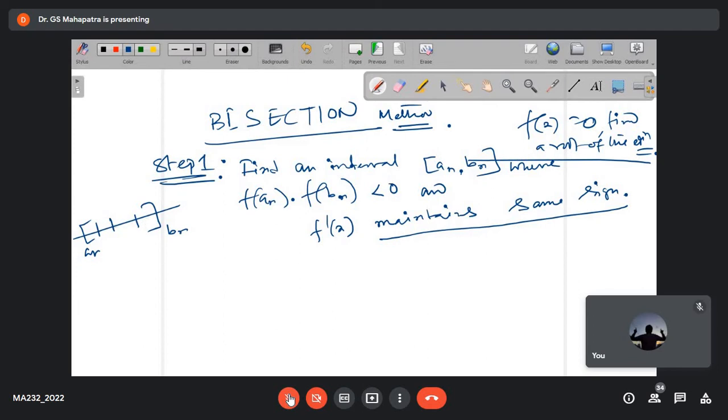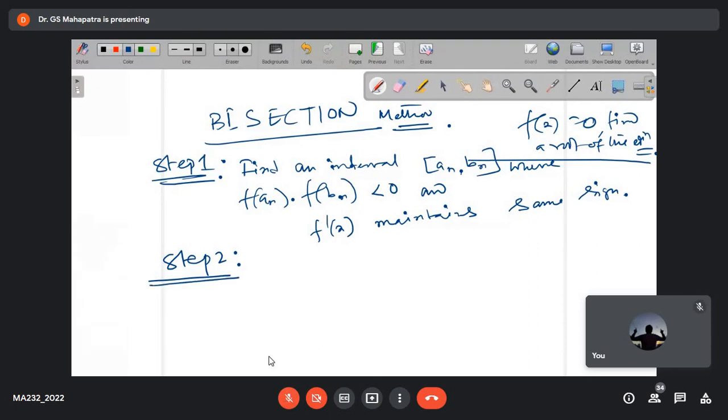It should be the same sign, either positive or negative. Fine. So this is the case. Second step. What is step 1? What is the meaning actually? What we are doing here in step 1?